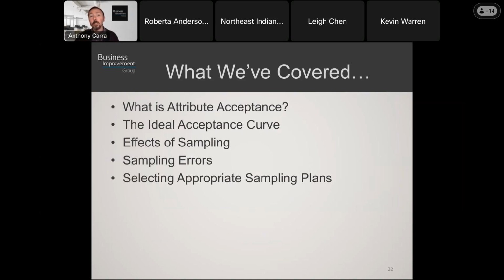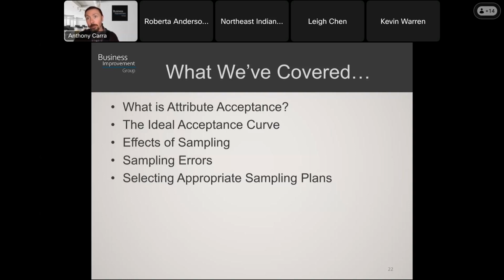So what did we go over? We talked about what attribute acceptance is all about. Why do we do it? We even talked about a couple of practical examples, and that was not exhaustive, but those are the most common ones that I usually get involved with. We talked about the ideal acceptance curve and the effects of sampling, and how that curve changes as we're going to sampling, and the sampling error that we could make, and we kind of tied that to the OC curve and things of that nature.